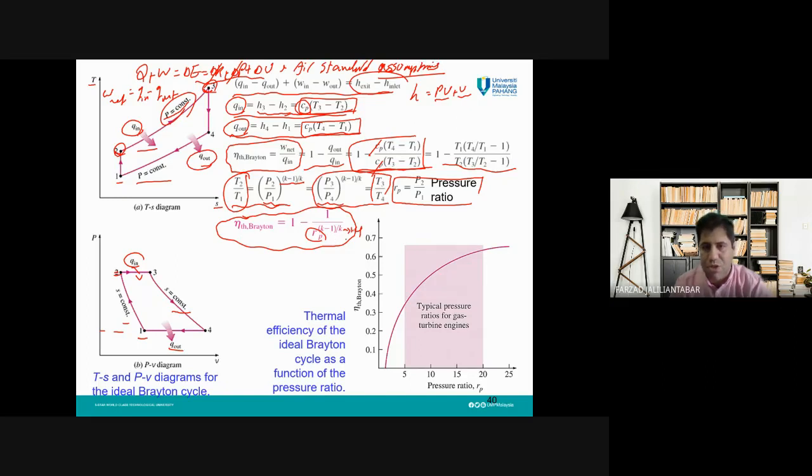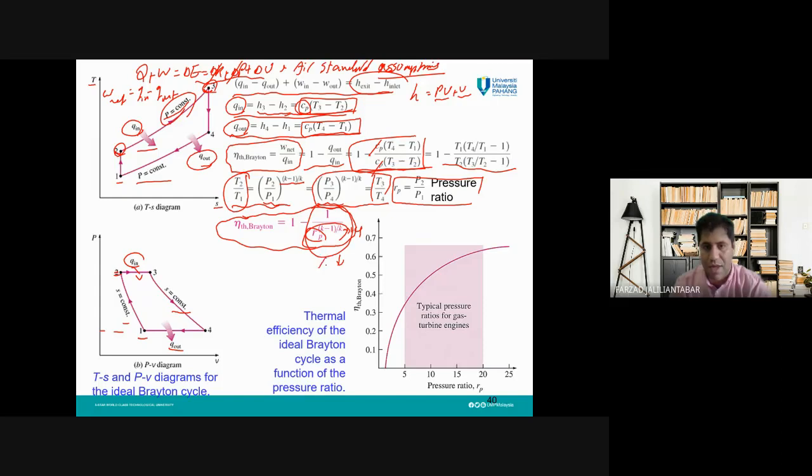Based on this equation, we can draw this graph. And also, if you notice here, as the pressure ratio increases, this term here will reduce. The thermal efficiency of the Brayton cycle is 1 minus something.